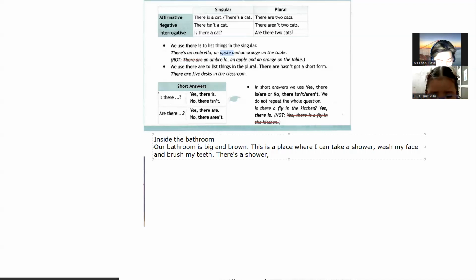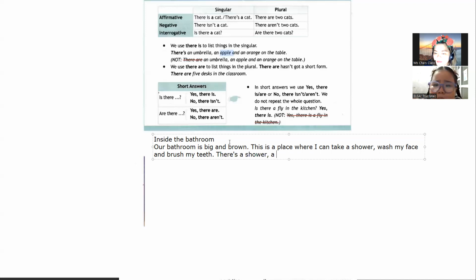There is a shower. Is there a mirror? What can I find inside your bathroom? A soap, a shampoo, a towel, a toilet, of course.